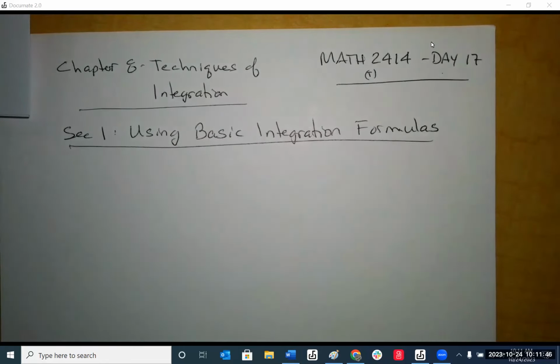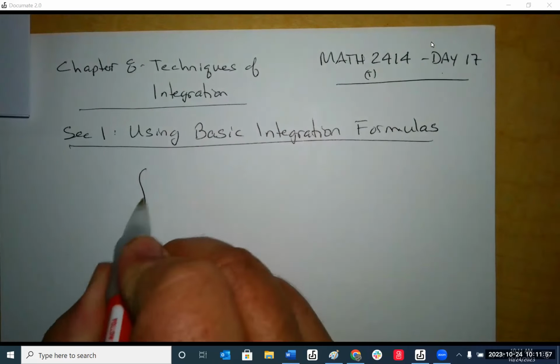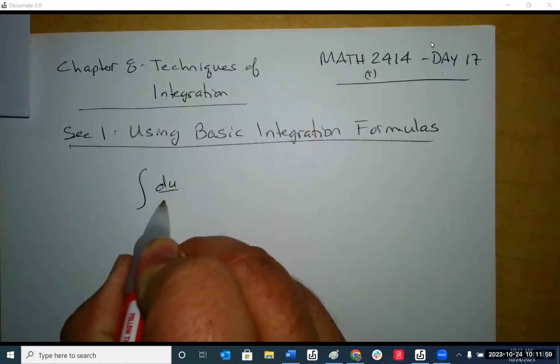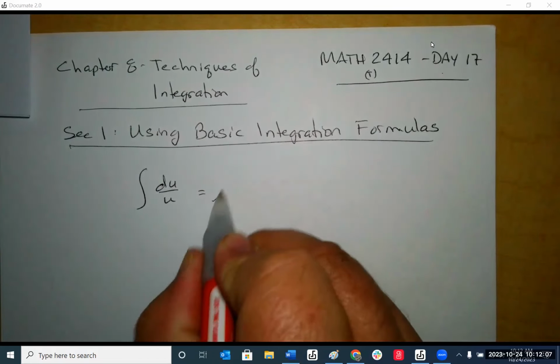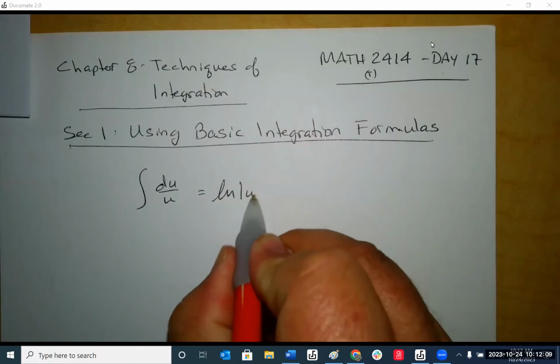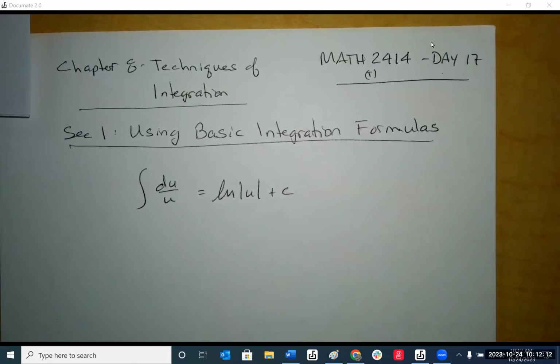The problem is finding the antiderivative. It's got to fit into some formula, because we know so far this. If we have this, what would that integral be? Ln u plus c, because it's an indefinite integral.